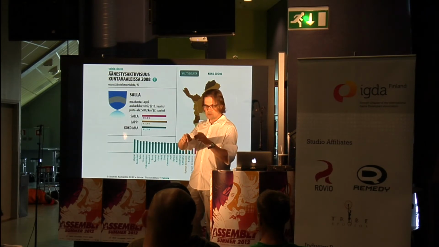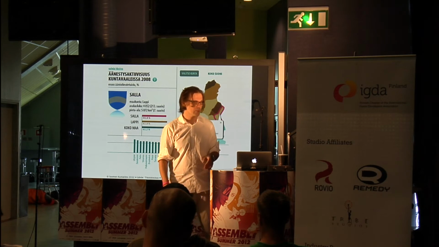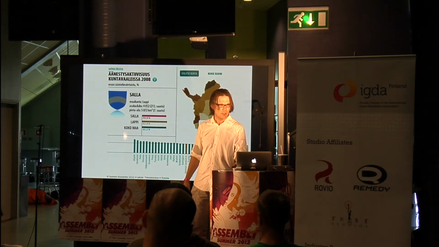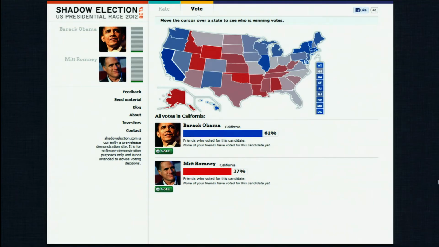So you can choose which municipality or region to take a look at, and you can compare them and so forth. And not only Finland, we've also been working with Shadow Election, who are now marketing their vaalikone, their election machine, for the coming US presidential elections. So we also created the map for their service.